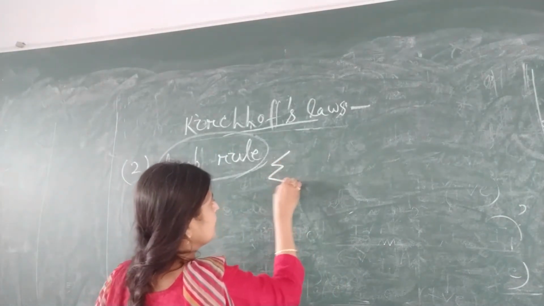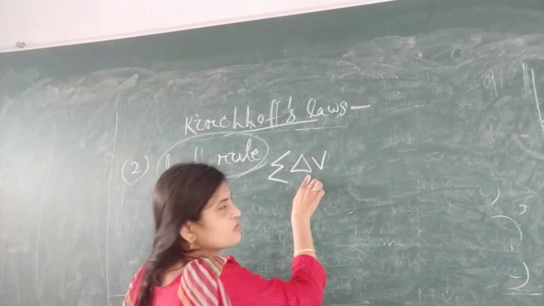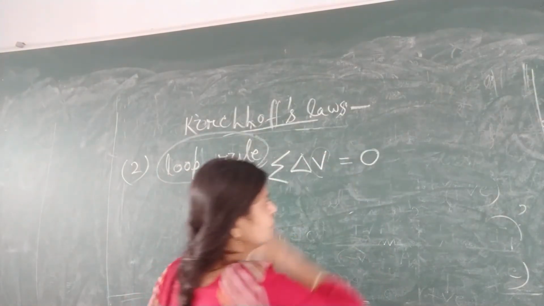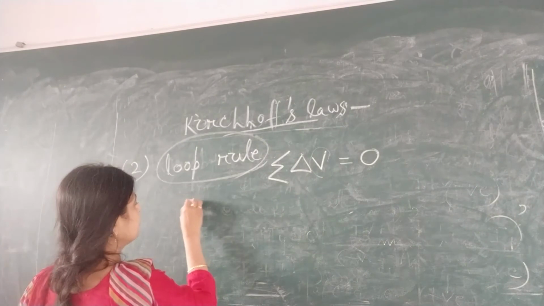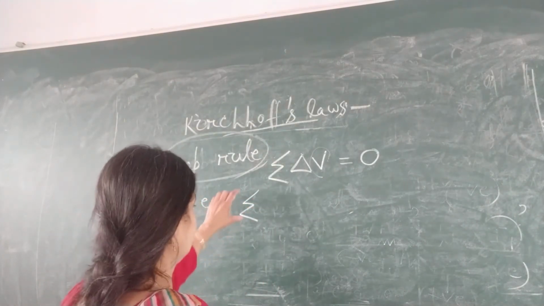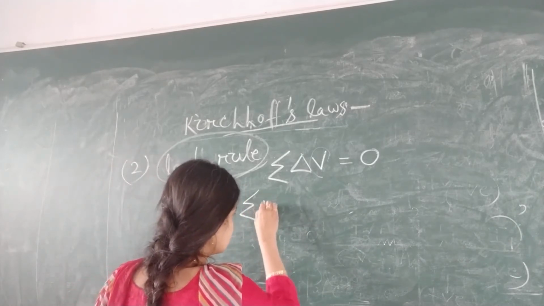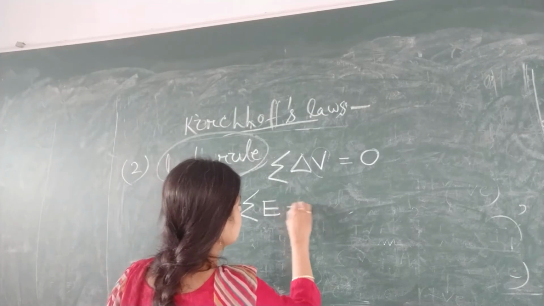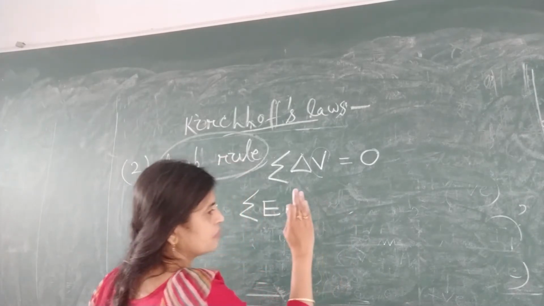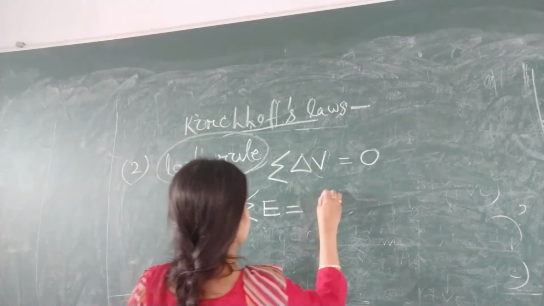Means the algebraic sum of small changes in potential difference is equal to 0. Or in other words, you can write the potential difference is equal to the sum of the products of current and resistance.